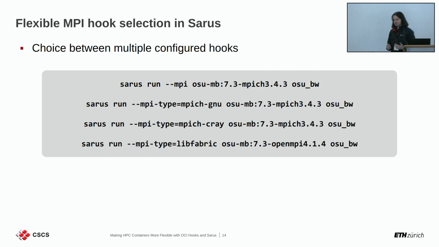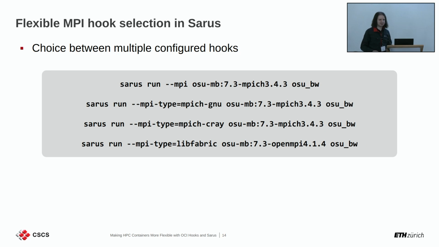And Sarus gives us a mechanism with which we can easily switch and select which one of these approaches to use. This is implemented through the --mpi-type CLI option. The MPI type allows me to select which one of the different hooks related to MPI the system administrator has configured on any given installation.